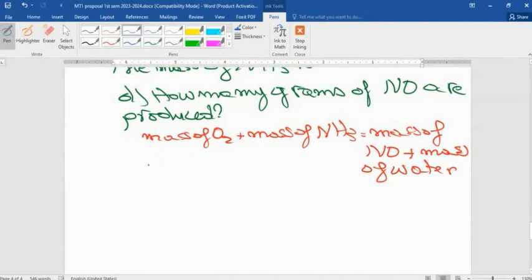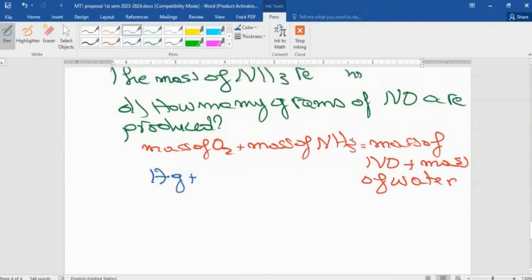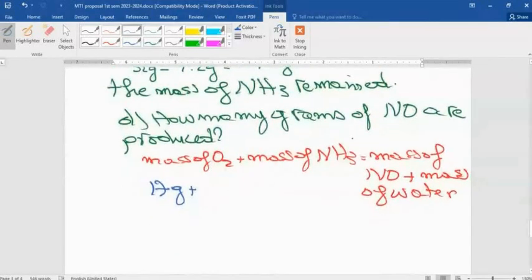So the mass of oxygen gas is 17 grams, plus the mass of ammonia consumed, 7.2 grams, will be equal to what? X is the mass of nitrogen monoxide plus 11.5 grams of water.